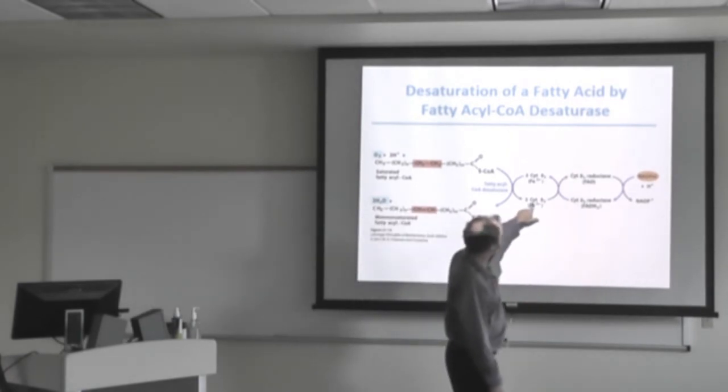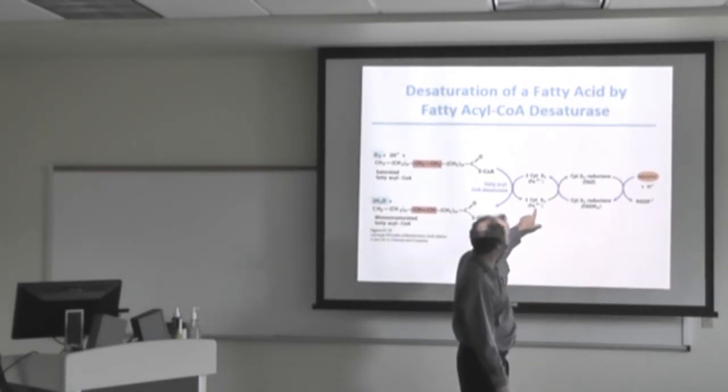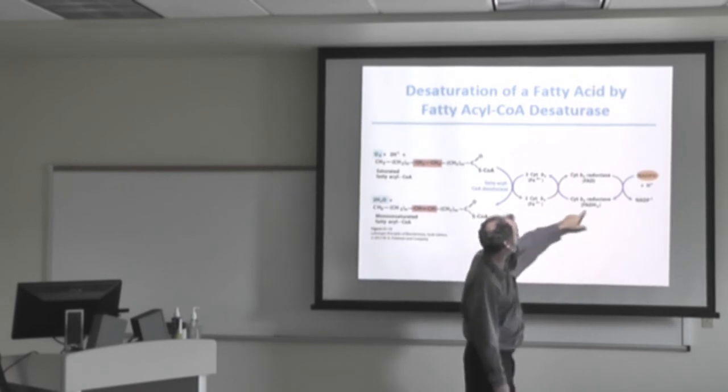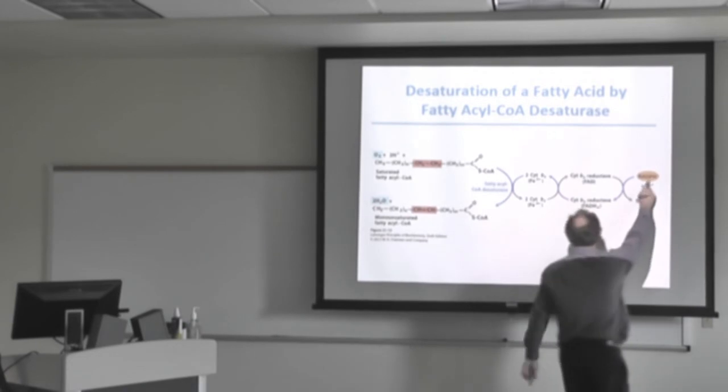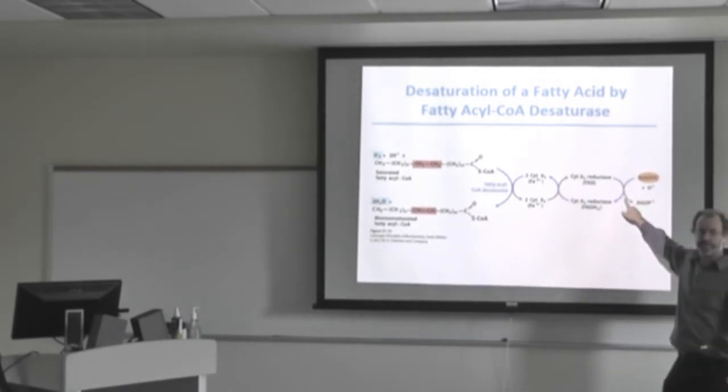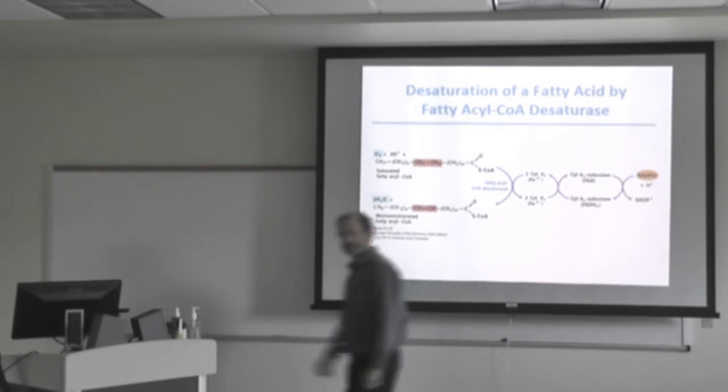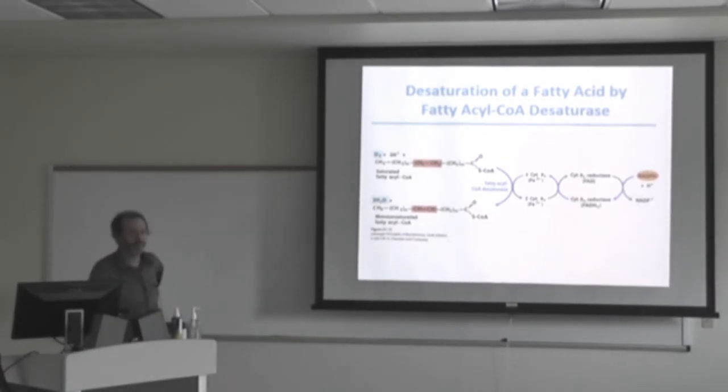And then the cytochrome B5 has to be re-reduced. It gets the electrons from FADH2 from cytochrome B5 reductase, which gets its electrons from NADPH. Where was it that we generated the NADPH again? So, multiple places, right? Malic enzyme can generate it. The pentose phosphate pathway can generate NADPH, among others, right? But those were the two big ones.